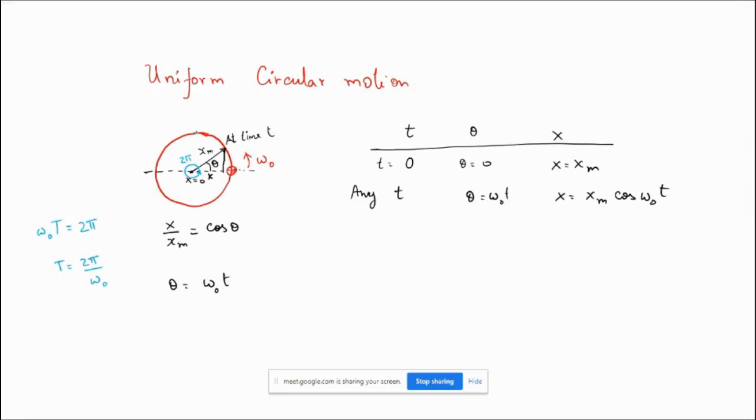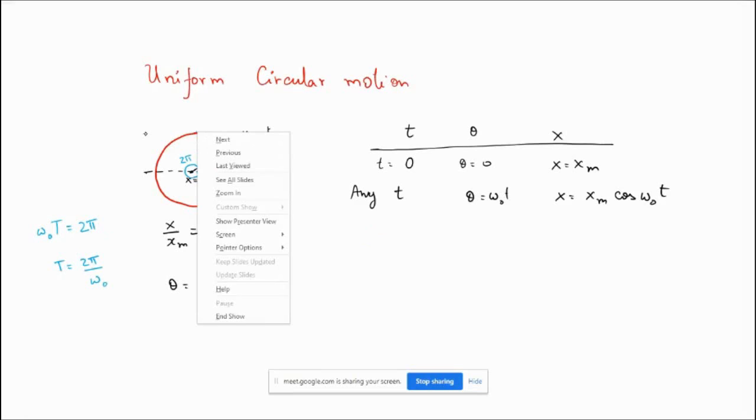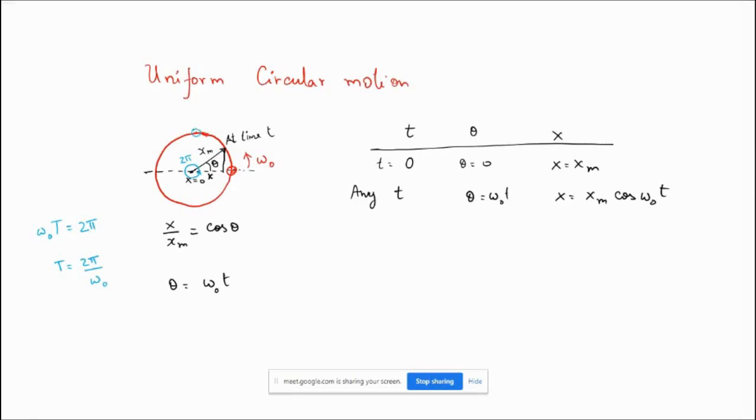Suppose you consider the bead has moved to this position, then the corresponding x coordinate would be 0. Let us analyze it mathematically. When t equal to T by 4, that is 1 by 4 of the time taken for one complete rotation, then theta would be omega naught T by 4, but omega naught T is 2 pi.